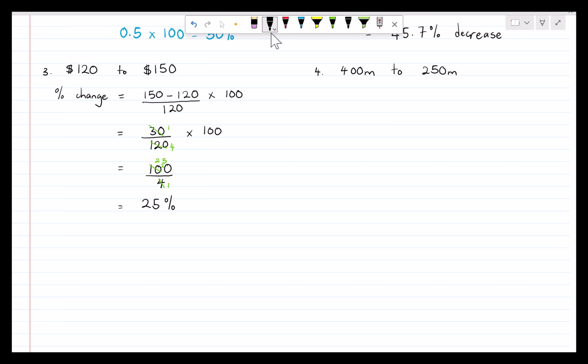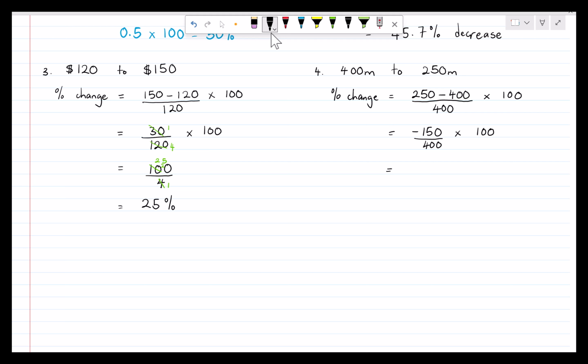Number 4, we have 400 meters to 250 meters. To calculate the percent change, we are going to subtract 250 minus 400 all over 400, which is the original number, multiplying 100. 250 subtract 400 gives us negative 150 over 400, and we're multiplying this by 100.